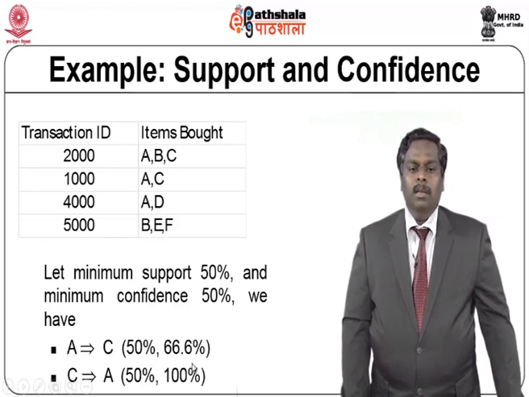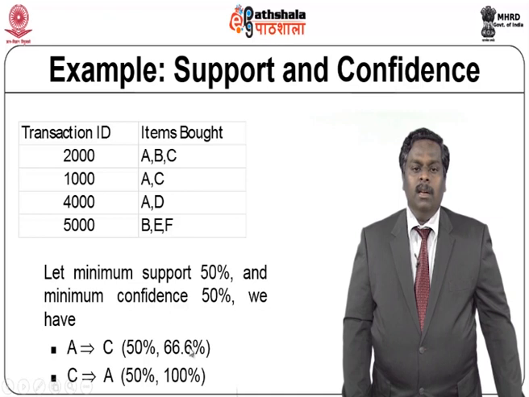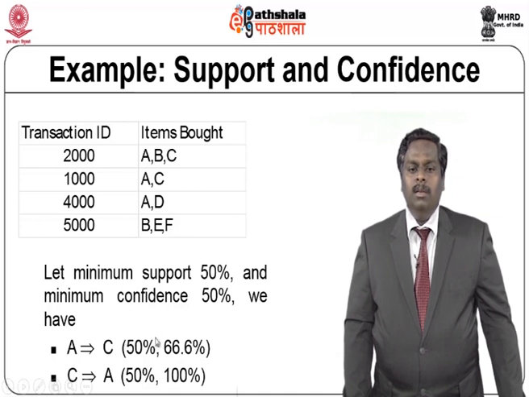Now, let us take the confidence. Confidence, as I already mentioned, is a conditional probability. So here we will have to consider the probability of A and C occurring together divided by the probability of A. The probability of A and C occurring together is nothing but the support, and A has occurred in 3 transactions, so the probability of A will be 3 divided by 4.